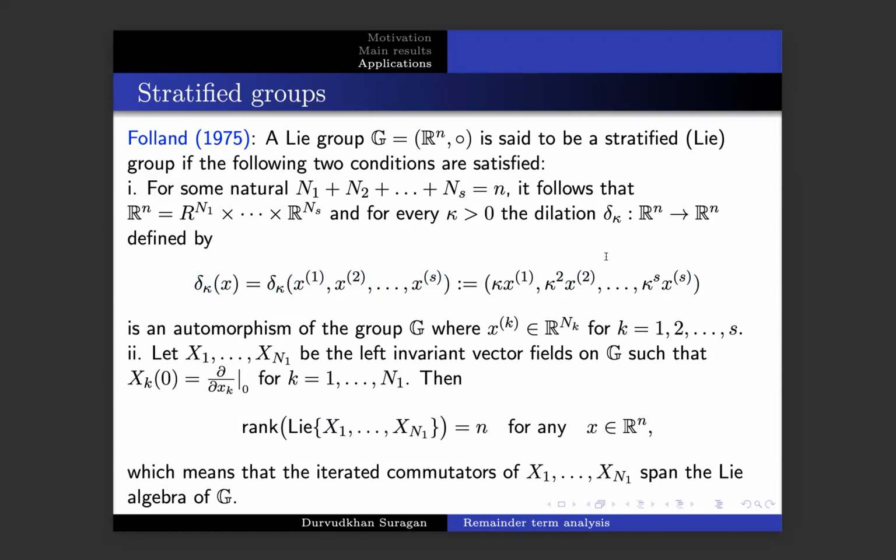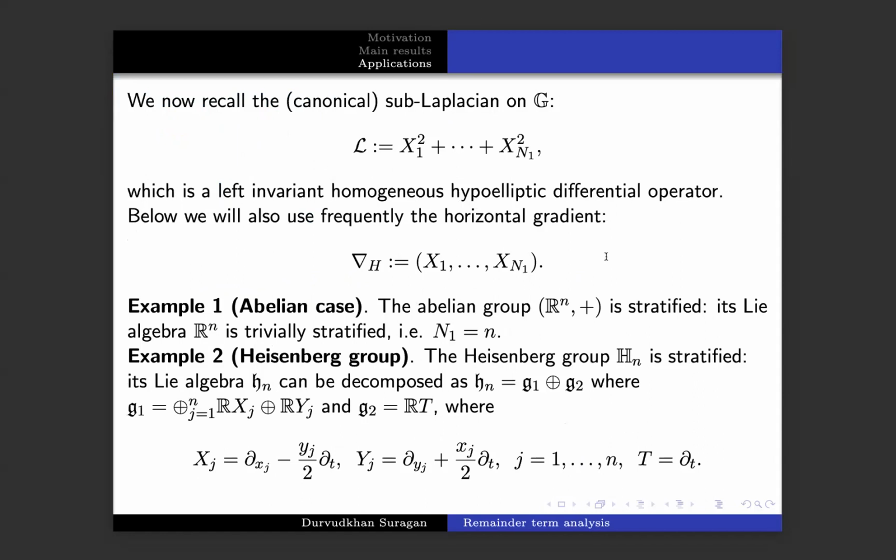But what we want is to get some interpretation of our main theorem. So what that main theorem may give, for example, in this theory. Here we have the sum of squares operator. It's called the sub-Laplacian, and this is a subelliptic differential operator, and also the corresponding gradient, the so-called horizontal gradient.